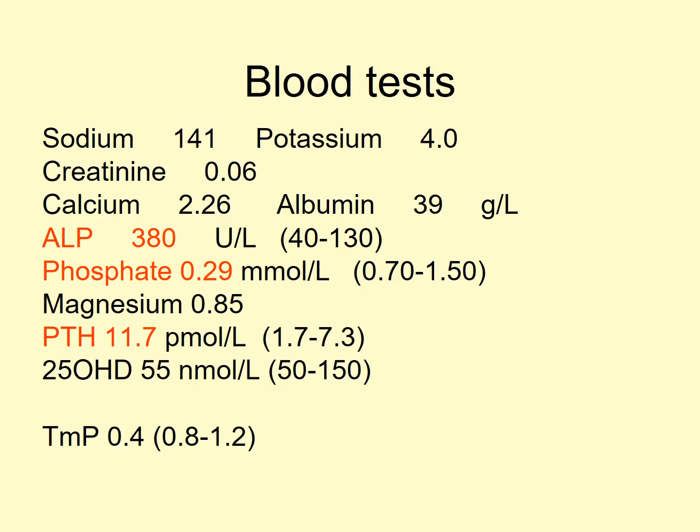Her vitamin D level was normal, and at the bottom, the TMP is a measure of tubular phosphate handling, and she had marked phosphate wasting as indicated by a low TMP.